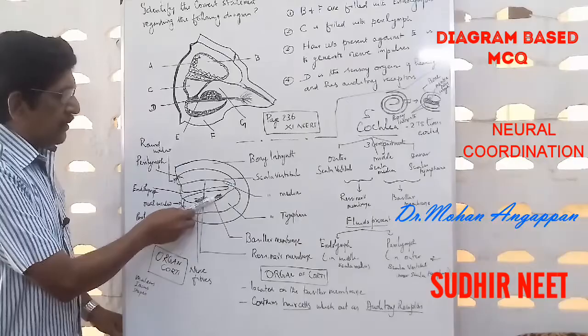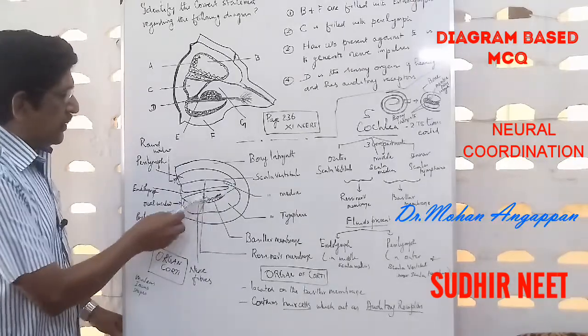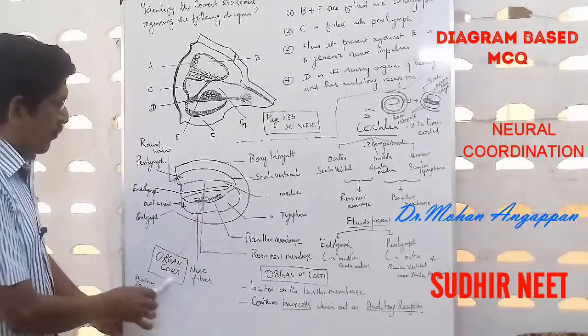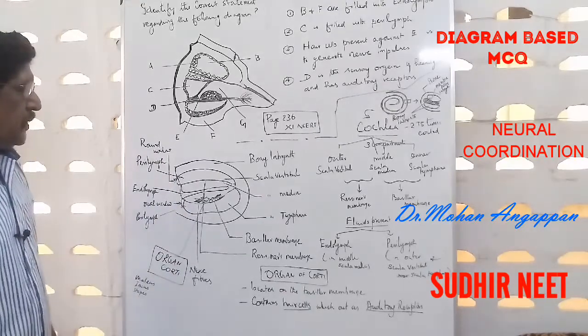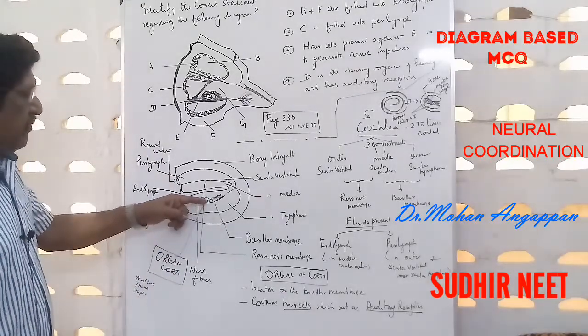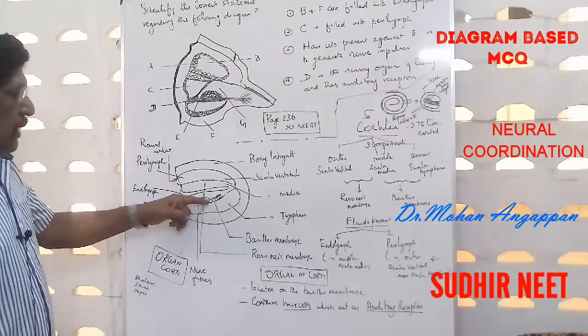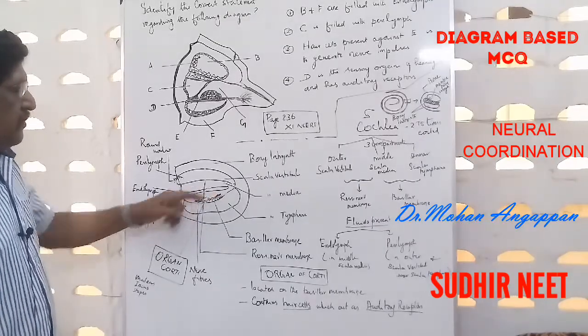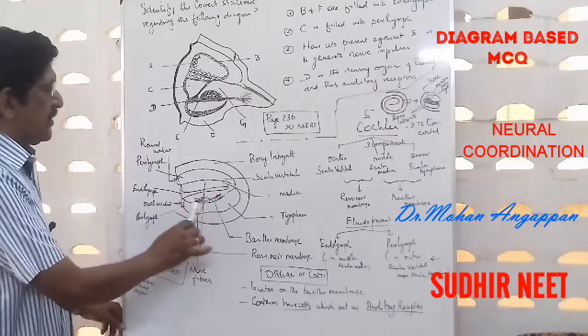So you must understand, in this basilar membrane there is one organ called the organ of Corti, with hair cells which act as the auditory receptors.